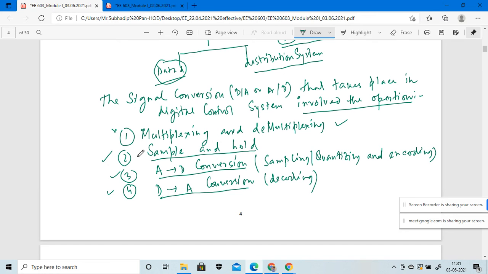All of these operations depend upon the digital data, or the digital input, or the digital data acquisition system or distribution system. We will discuss all of these in the next classes.